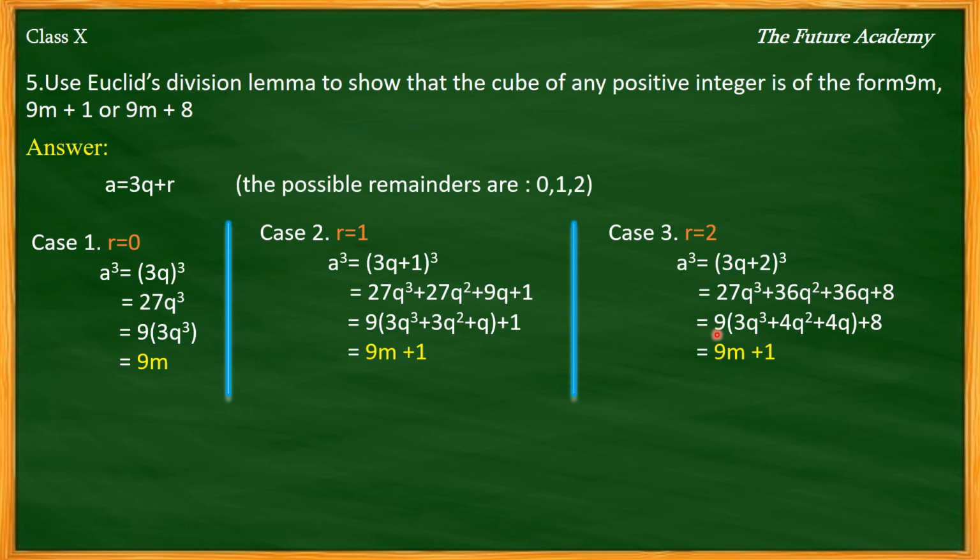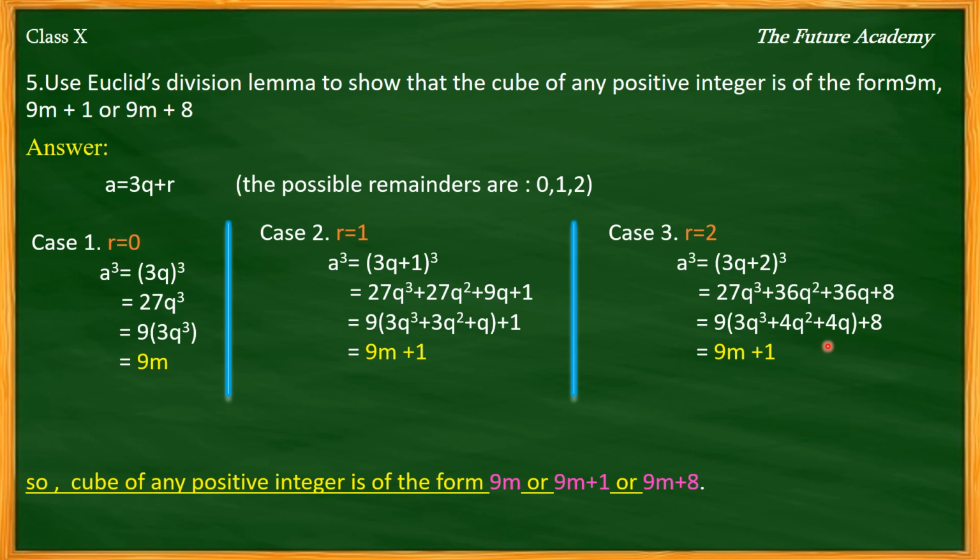So we can write it as 9 into 3q cube plus 6q square plus 4q, plus 8. Now we can write this entire thing as m. So we can write this as 9m plus 8. So cube of any positive integer is of the form 9m or 9m plus 1 or 9m plus 8.